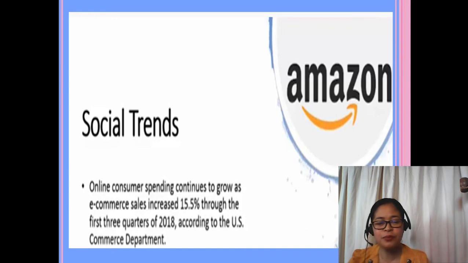Say for example, here Amazon has social trends as their macroeconomic environment factor. An example here says online consumer spending continues to grow as e-commerce sales rose 15.5% through the first 3 quarters of 2018. That is according to the US Commerce Department.